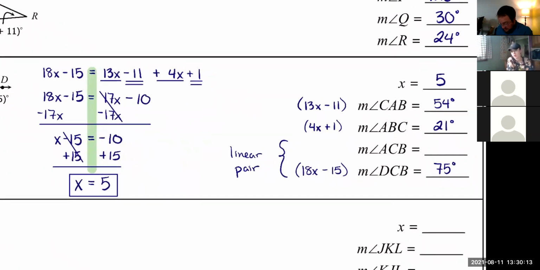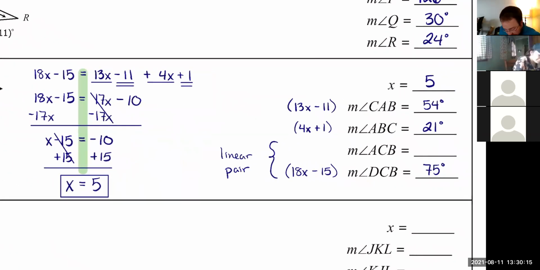Which means if I subtract the 75 from 180, I should have what's left. It's 105 degrees. ACB. I guess I should squeeze that in there. 180 degrees minus 75 degrees.